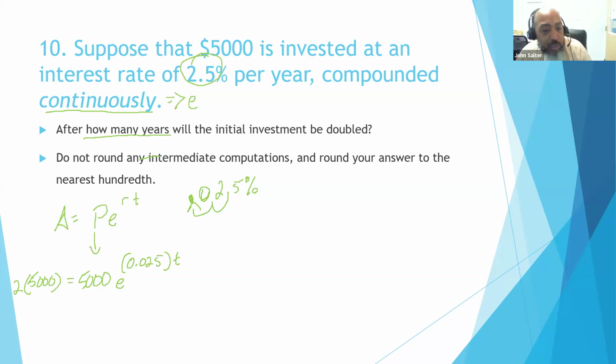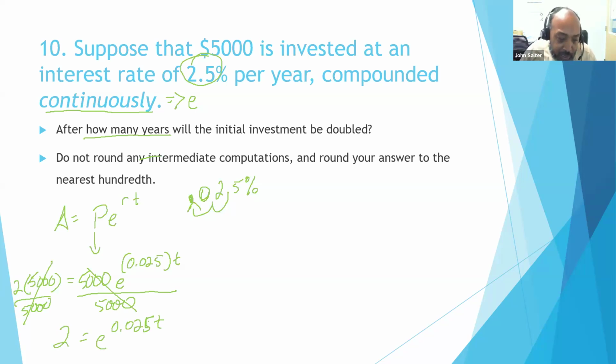The first thing I'm going to do to get T by itself is get rid of the coefficient. I want to divide both sides by 5,000. On the right side, it cancels, leaving E to the 0.025 times T. On the left side, it also cancels, leaving me with 2.